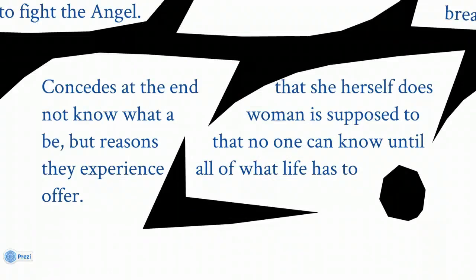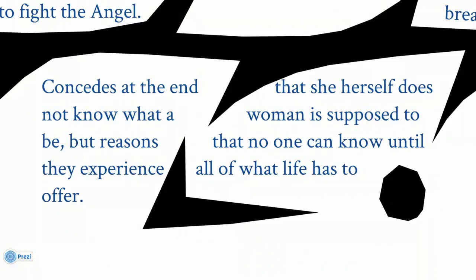Moving almost to the end here, we have another concession toward the end of the essay that I pointed out. She concedes at the end that she herself does not know what a woman is supposed to be, but reasons as well that no one can know this until they experience all of what life has to offer.